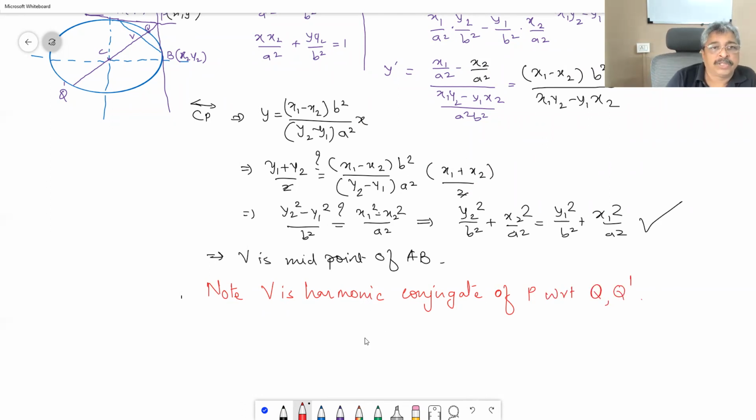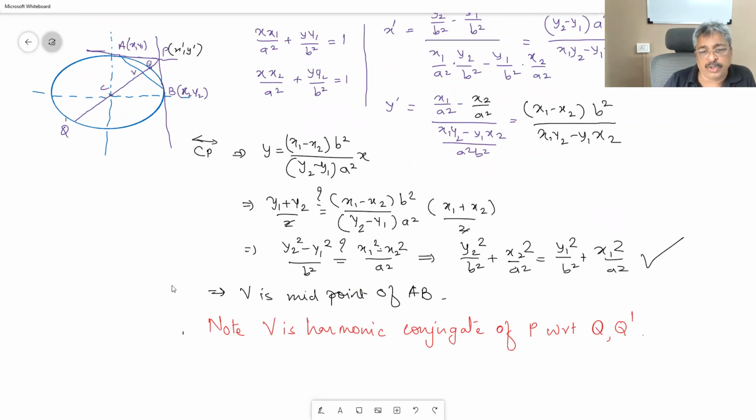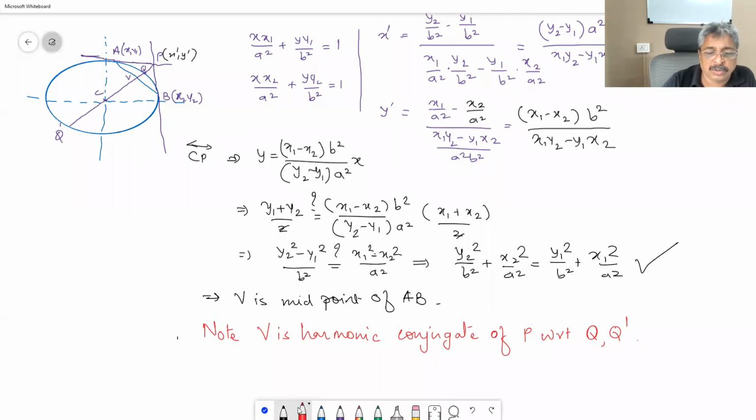Okay, what does it mean? It means, where is my diagram? It means Q dash V upon VQ is equal to Q dash P upon PQ.